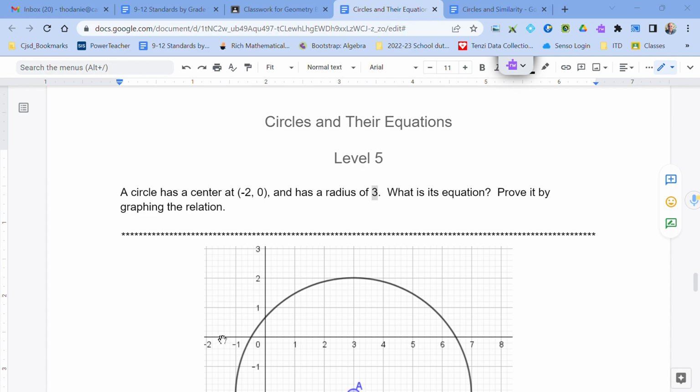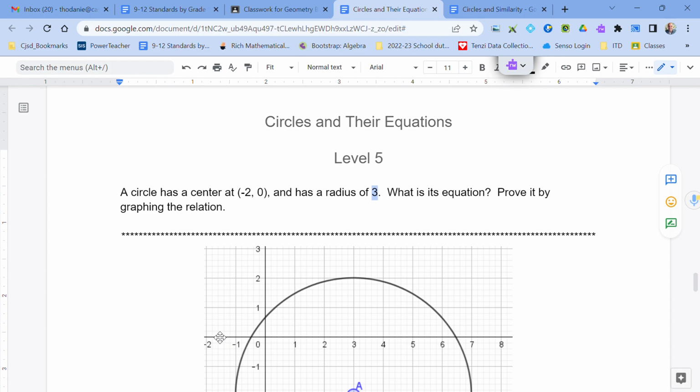I'm going to say x minus, let me go in parentheses here, x minus -2 squared plus y, parentheses, y minus 0 squared equals 4 squared.